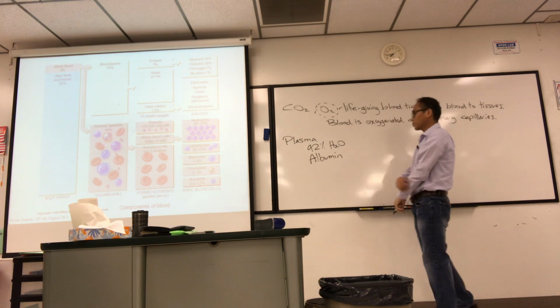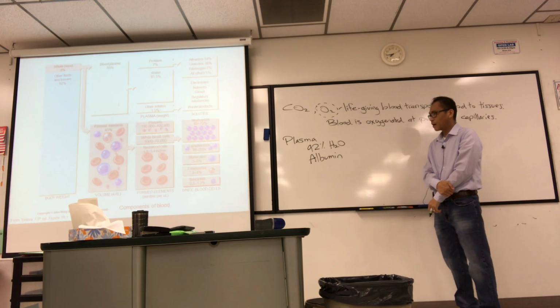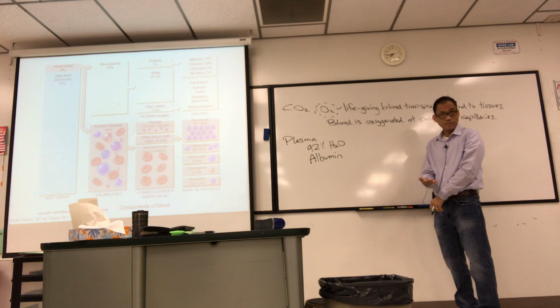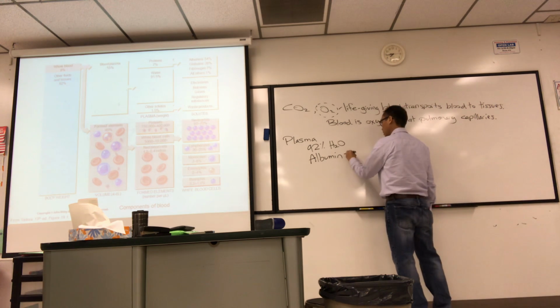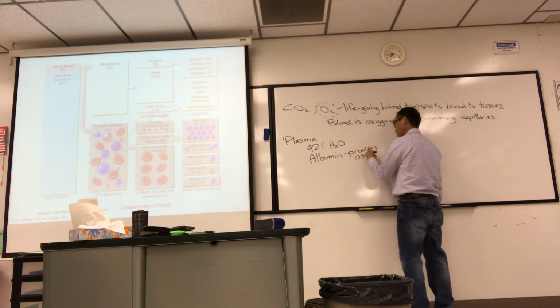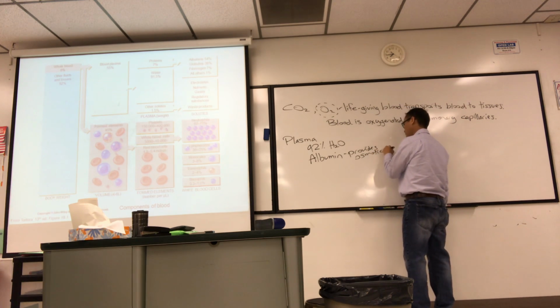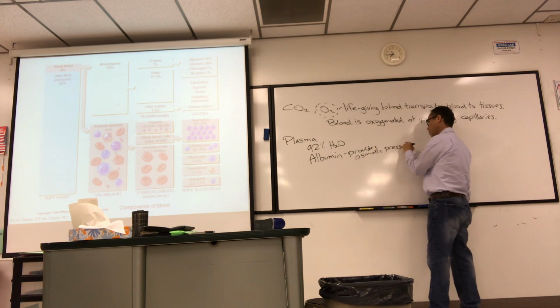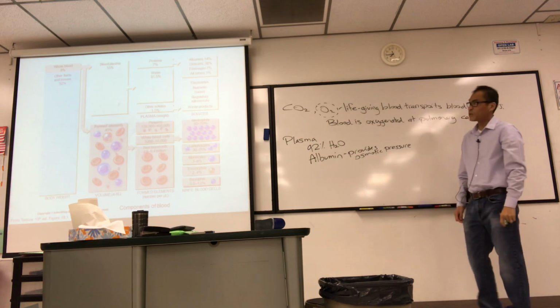Albumin is probably the most plentiful protein that provides the osmotic pressure of the blood. That's the pressure that retains fluids in the blood, so that's important.